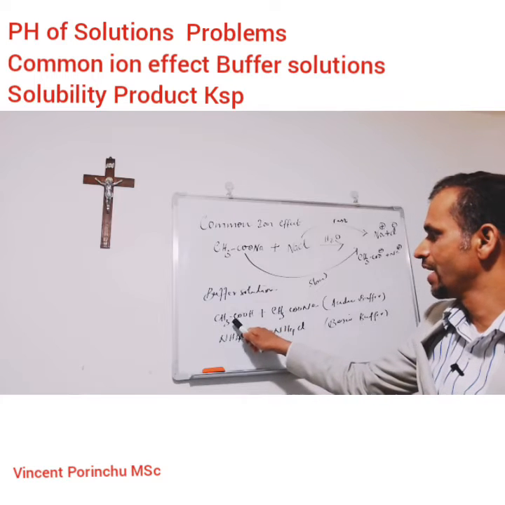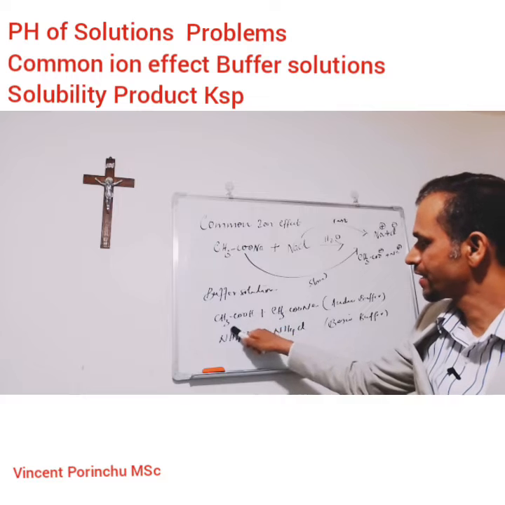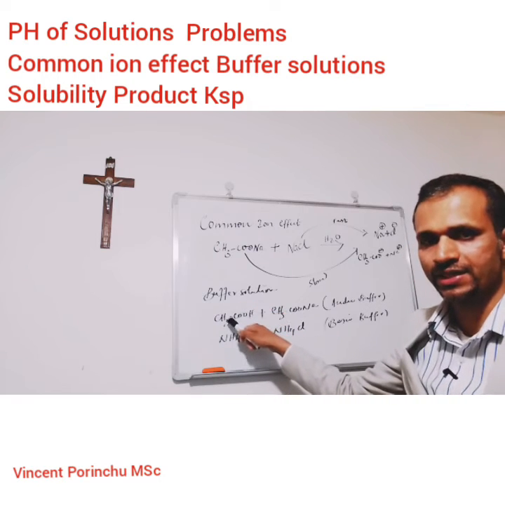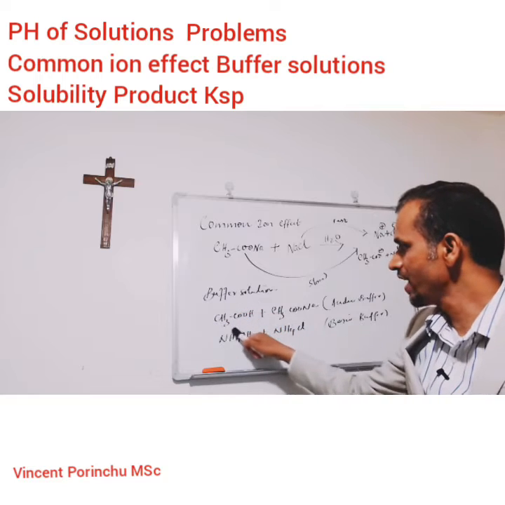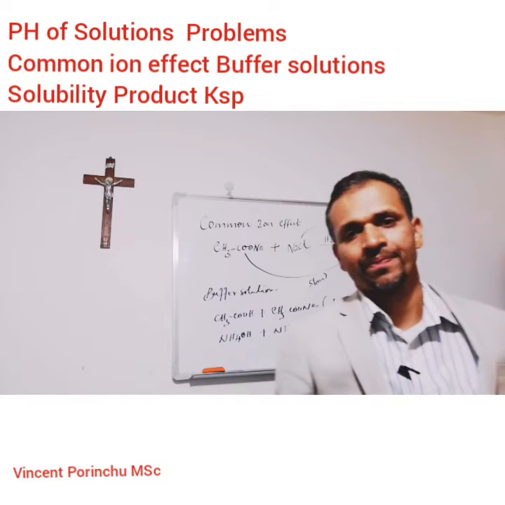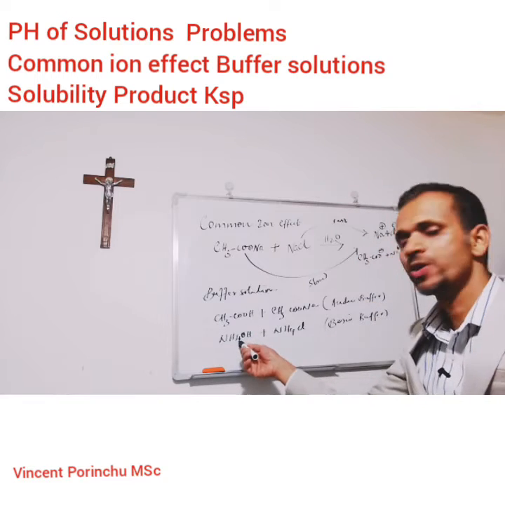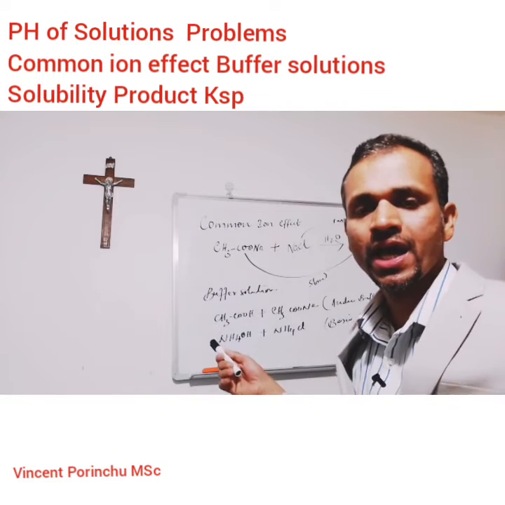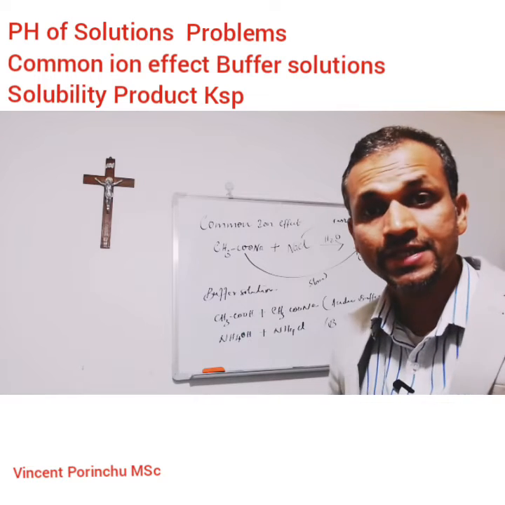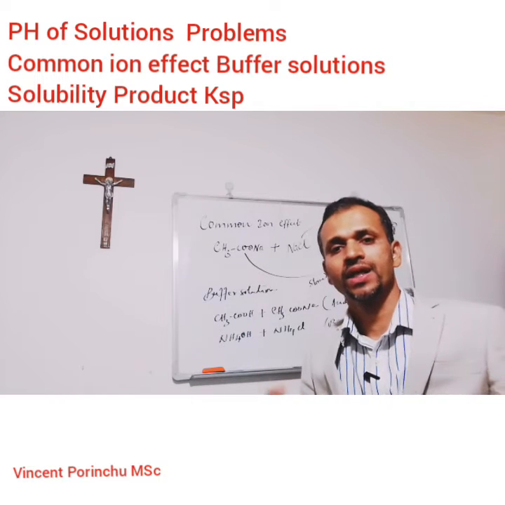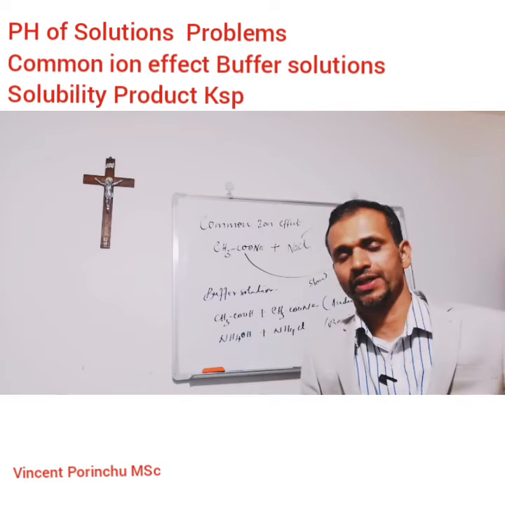For example, acetic acid plus sodium acetate: acetic acid is a weak acid and sodium acetate is its salt. Because it is formed from a weak acid, it is known as an acidic buffer. Another example is ammonium hydroxide, a weak base, and its salt ammonium chloride. Here the base is weak, so that type of buffer is called a basic buffer.